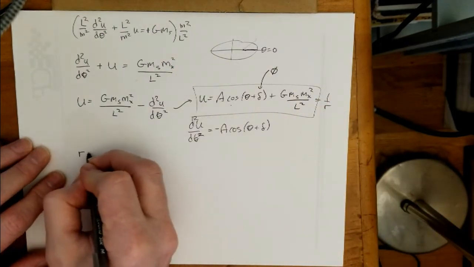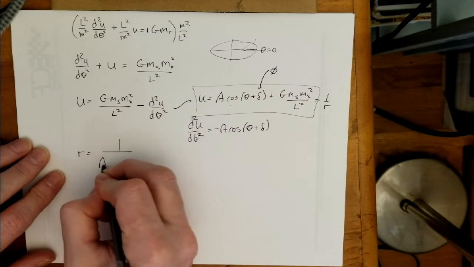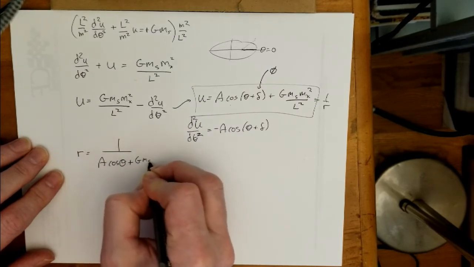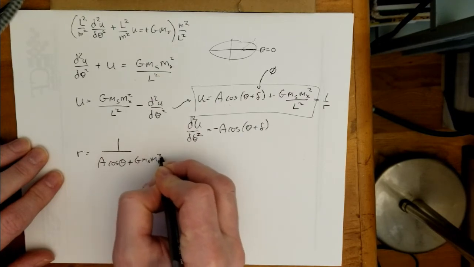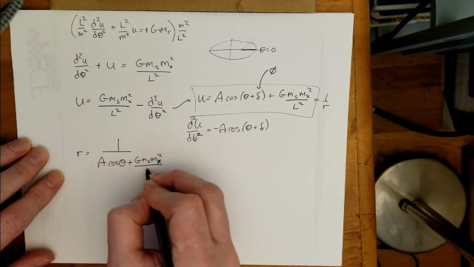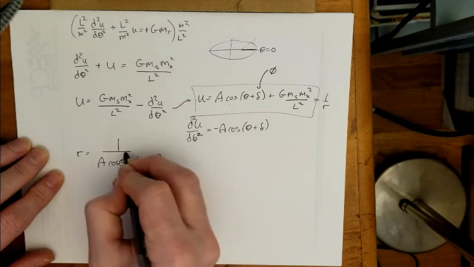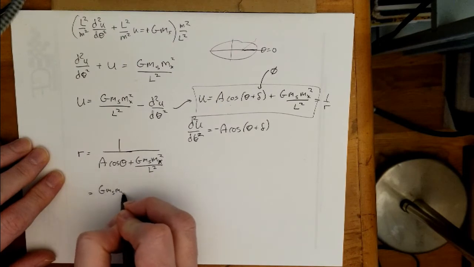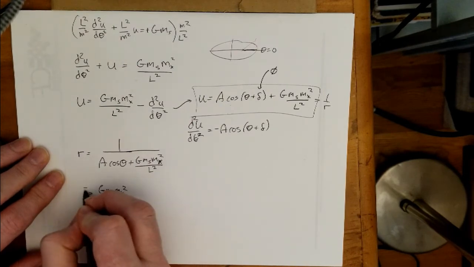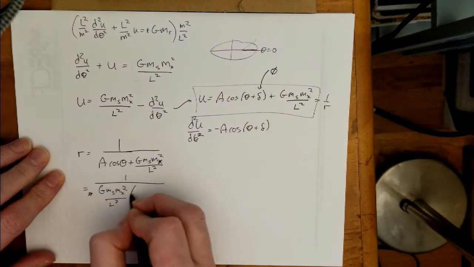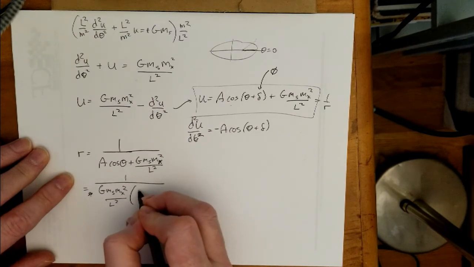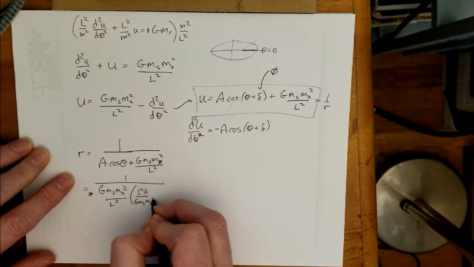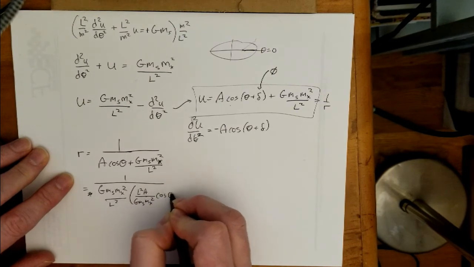And so r becomes 1 over A cosine theta plus G mass of sun, mass of X squared over L squared. Factoring out this whole mess, G mass of sun, mass of X squared over L squared, times 1 over L squared A over G mass of sun, mass of X squared, cosine theta plus 1.